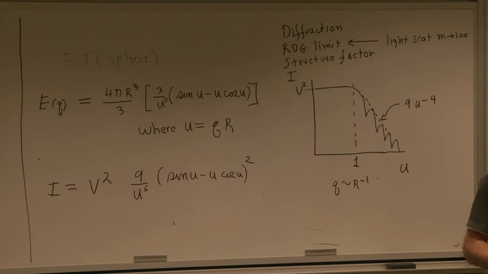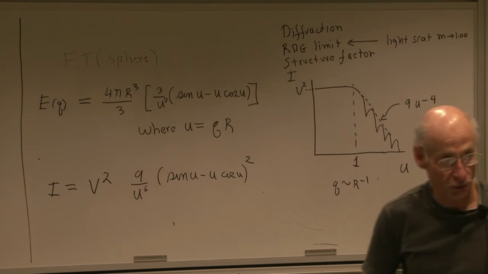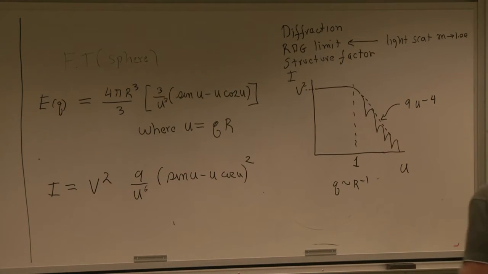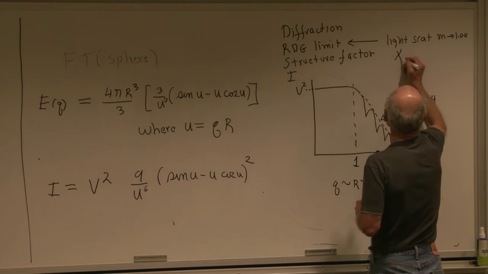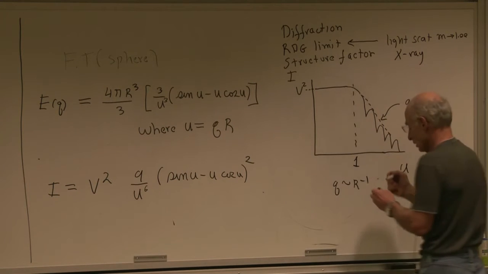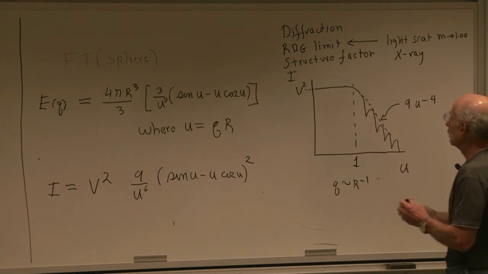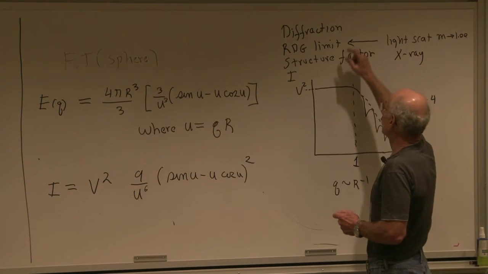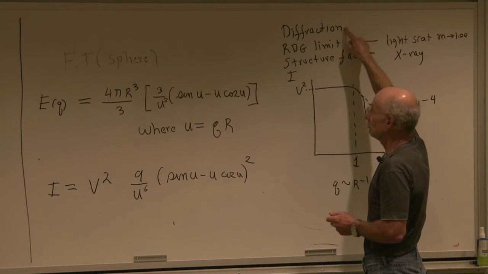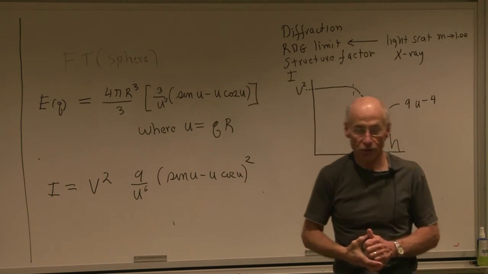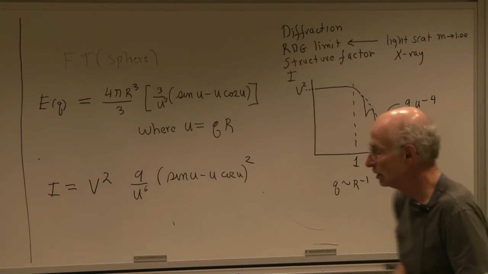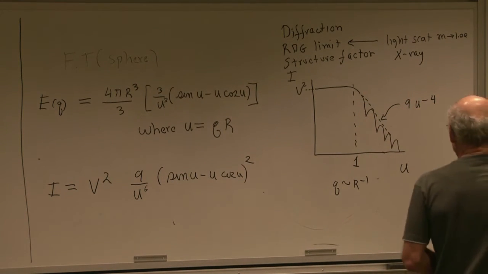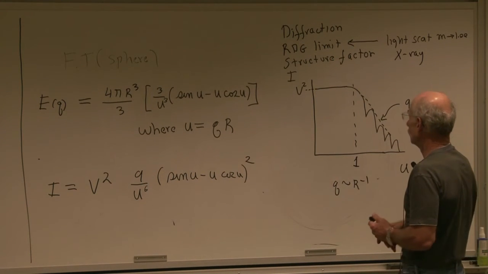And of course, for X-rays, most materials have an index of refraction very close to 1. Perhaps most fundamentally, though, it's just diffraction from a sphere, which is what we've been talking about for now 3 days. Diffraction, diffraction, diffraction. So any of these would work.